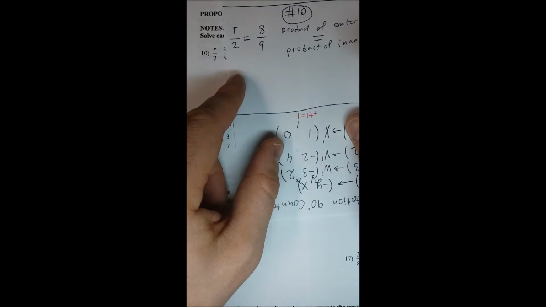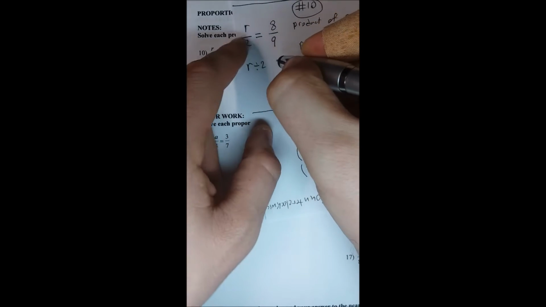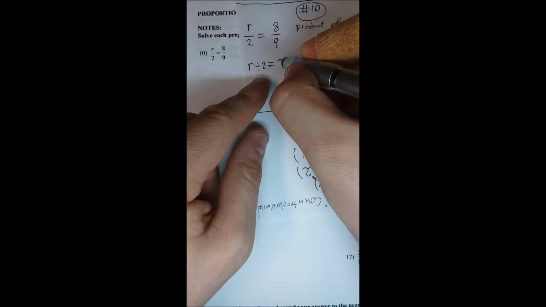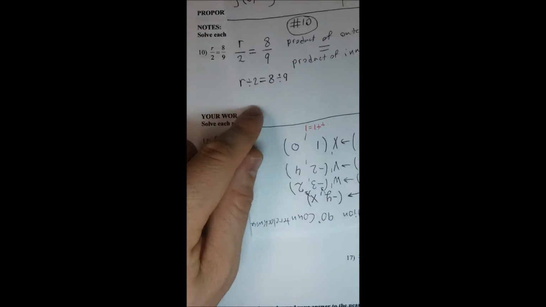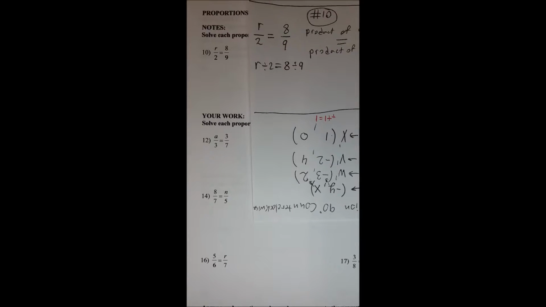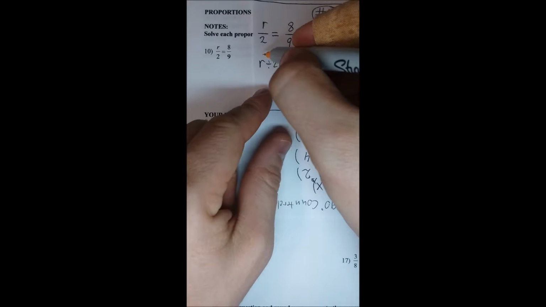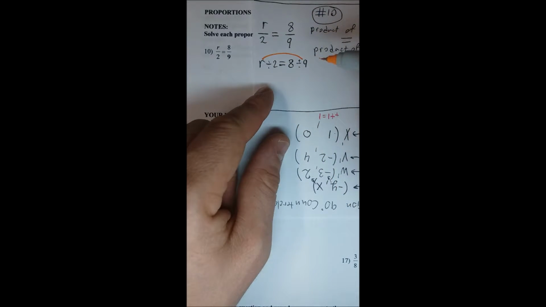Well, let's write it as r divided by 2, because that's what r over 2 is, equals 8 divided by 9. So the outer terms are the ones on the outside, and the inner terms are the ones on the inside. So we're looking at r times 9.